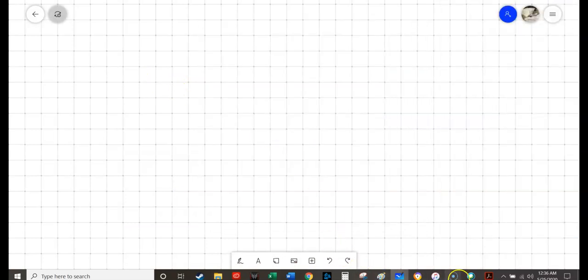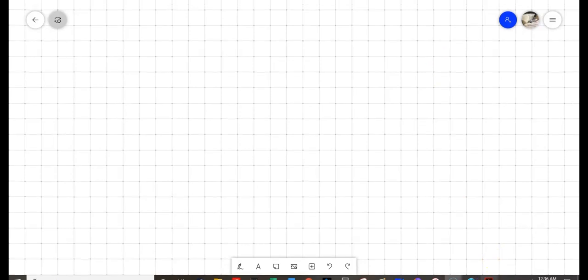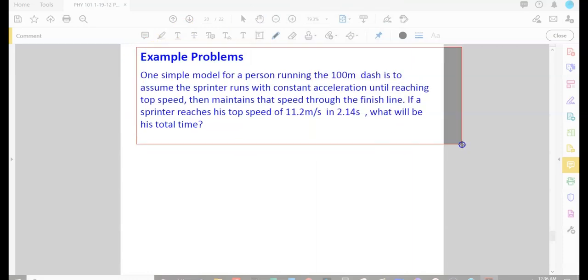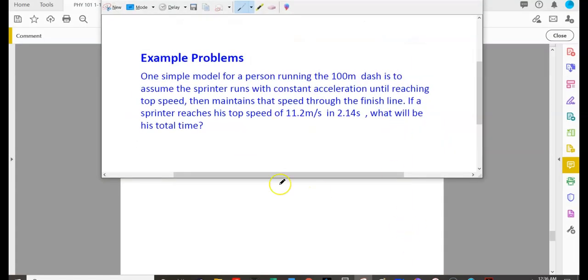All right, so on this problem, I'm going to actually copy it over to whiteboard. And the great thing about whiteboard is you could use it and then include other people in on your whiteboard. So I'm going to copy this next problem in our notes over to whiteboard.